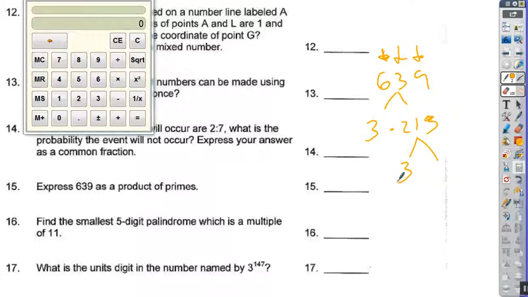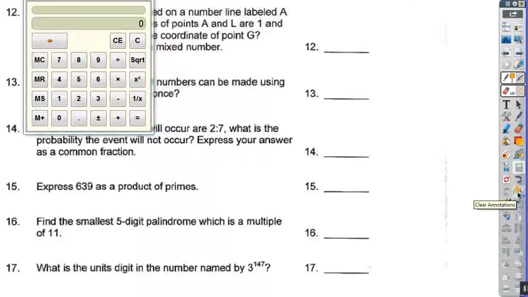So I'll put another 3. So 3, I get 7, 1. So 3 times 3, so that's 3 squared, times 71. Now, incidentally, as product of primes, it's one of the few places where you use the multiplication x. So 3 squared times 71 seems too simple, right?